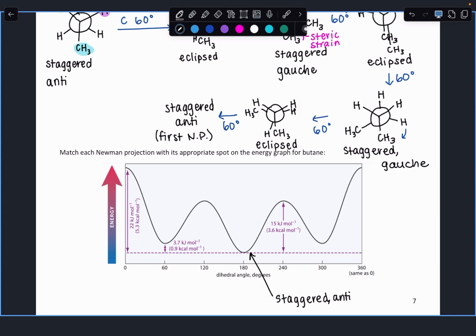Now we talked about staggered gauche being higher energy than staggered anti, but they're still all lower energy than the eclipsed. So the other troughs are staggered gauche.